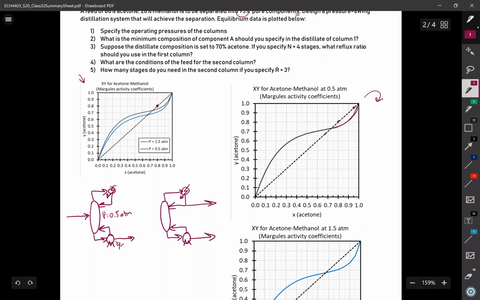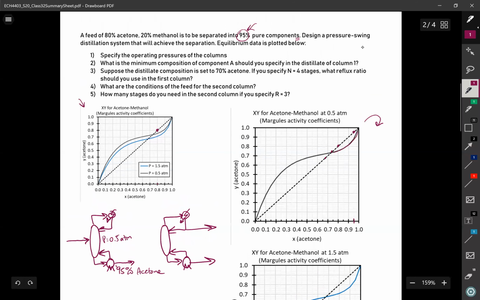So if this were 95% pure acetone, right? So 95% pure acetone is on that axis. Then my distillate product can at maximum be azeotropic composition. And it looks like my azeotrope is maybe 73%.